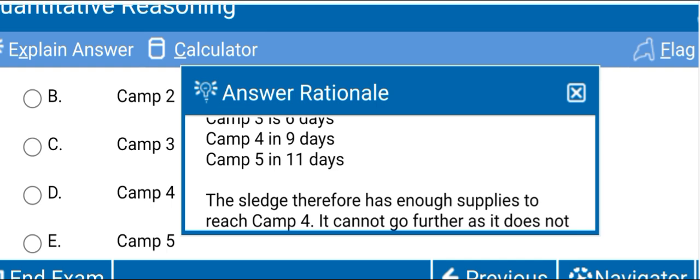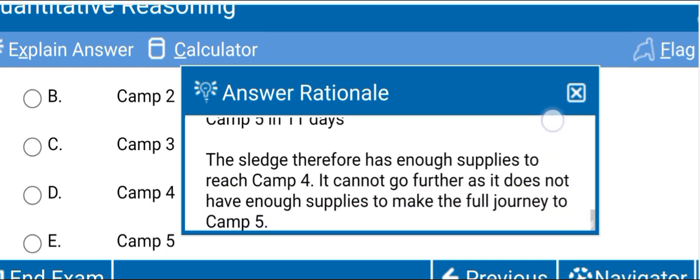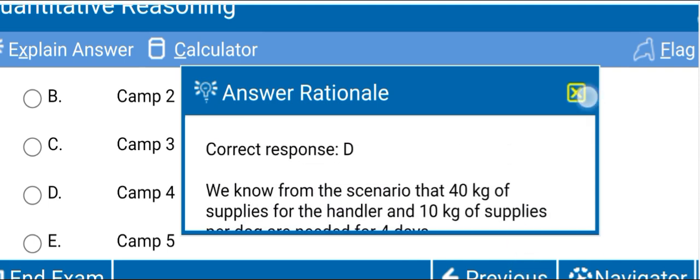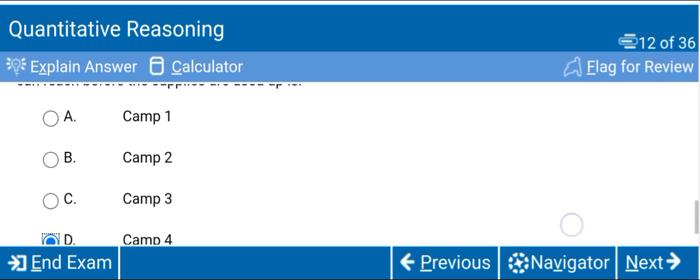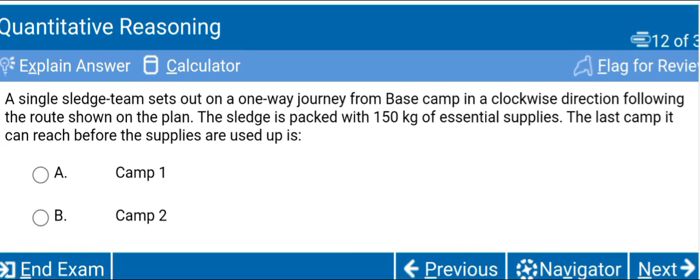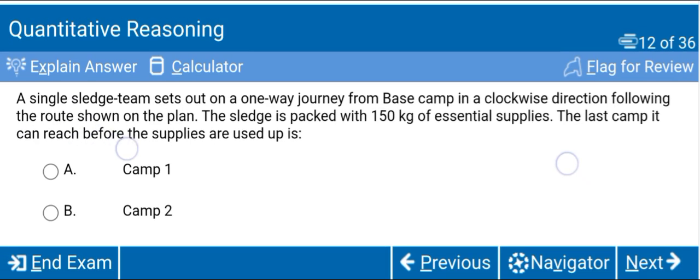It cannot go further as it does not have enough supplies to make the full journey to Camp 5. So that's how we can say the correct option is option D, Camp 4, the last camp that it can reach before the supplies are used up.